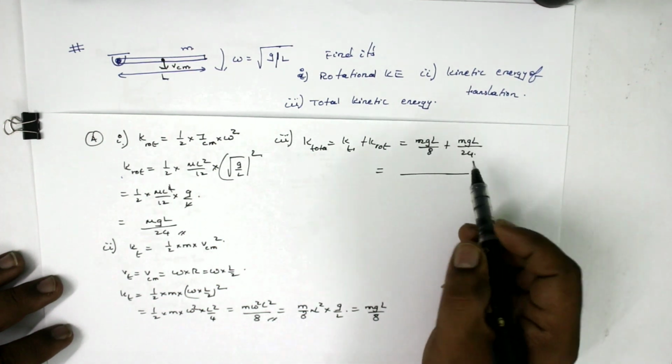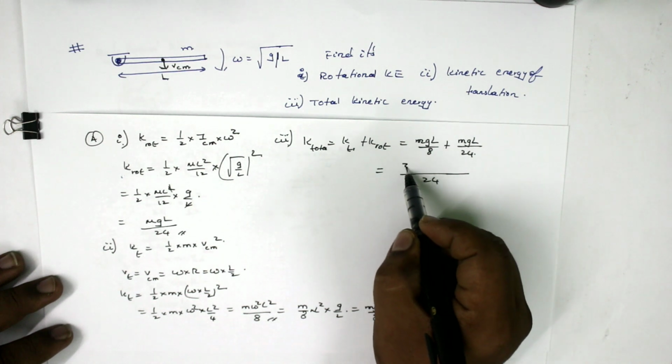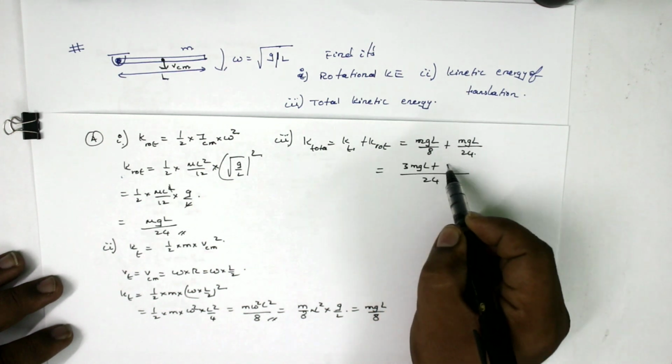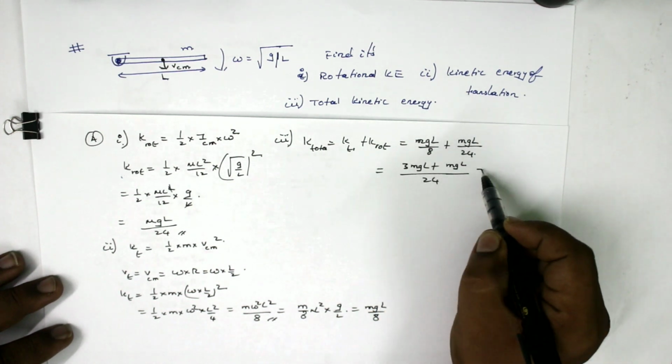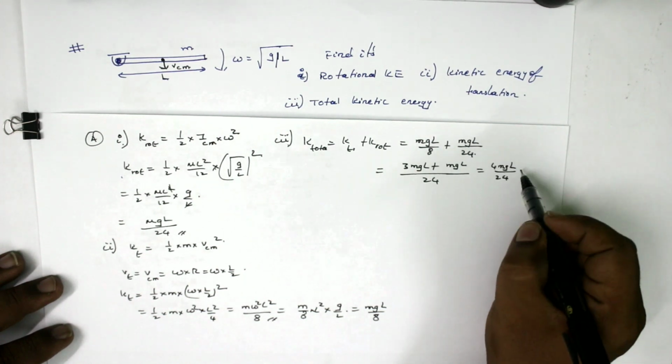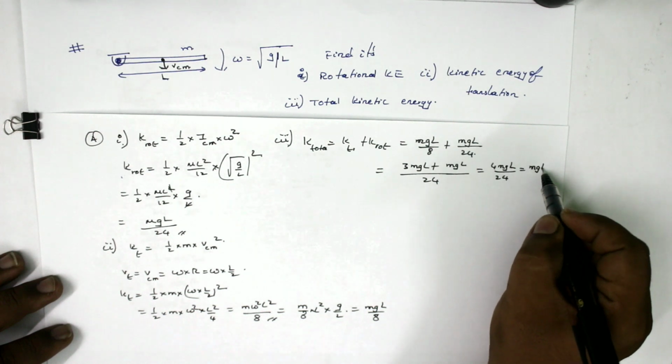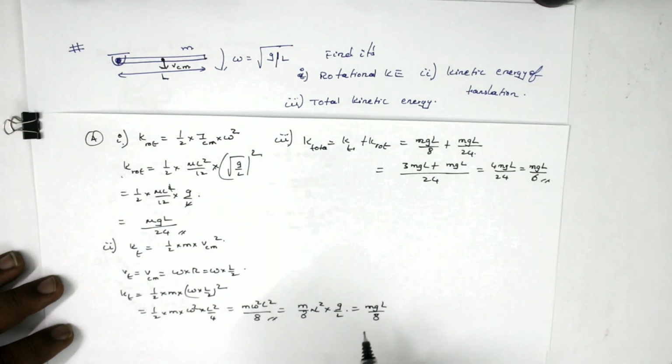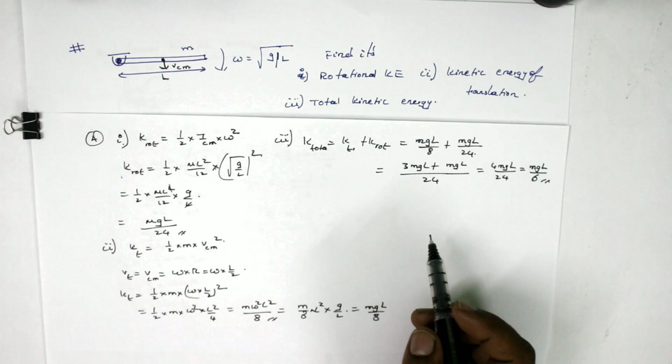If I take their LCM 24, this is 3 mgL plus mgL. Therefore it is equal to 4 mgL divided by 24, which is equal to mgL divided by 6. So this is the answer for total kinetic energy.